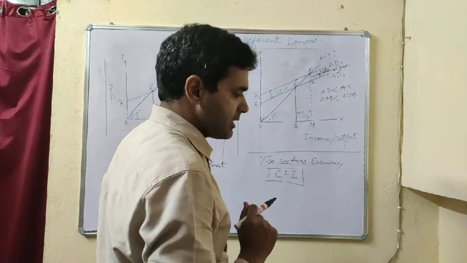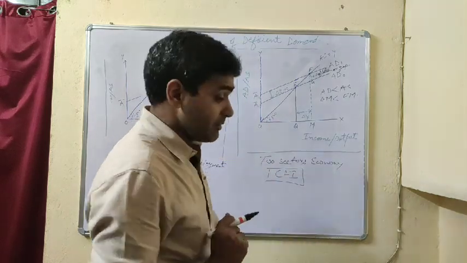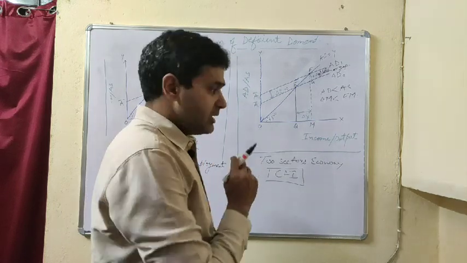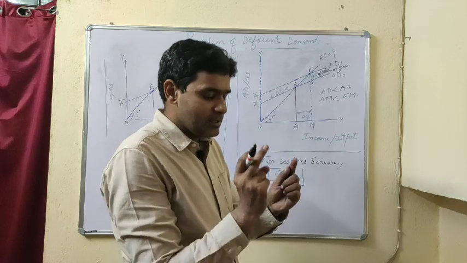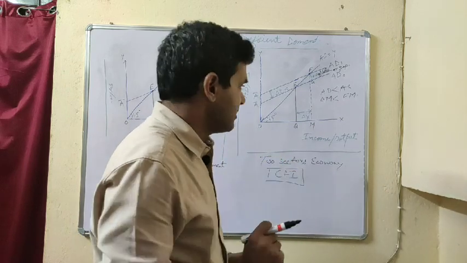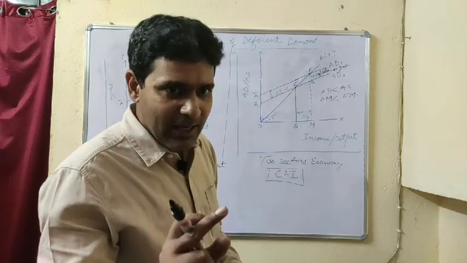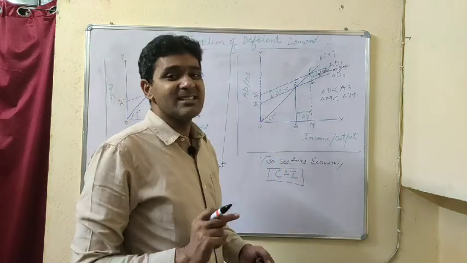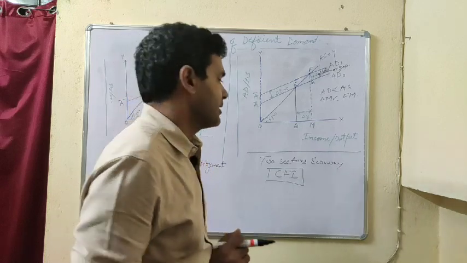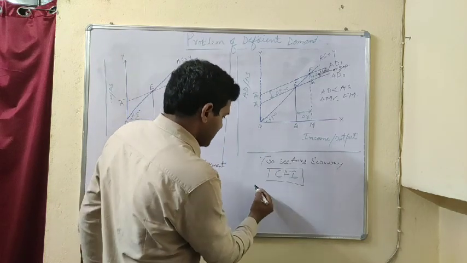Now first the question arises, why is it called deficient? Because it is affecting the general price level. What will happen? The general price level will go down due to less demand in the economy. So how can it be corrected?